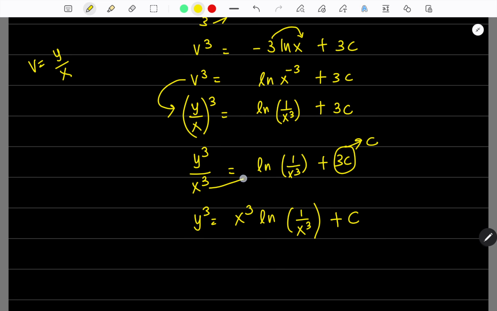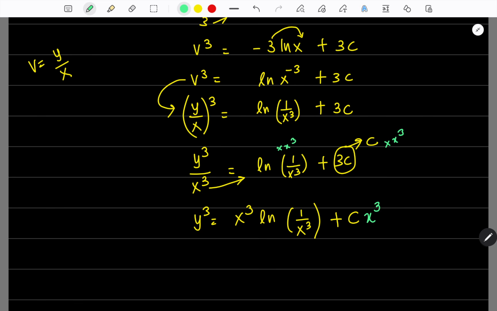Now you cross multiply this x cube. x cube times ln 1 by x cube, and also here you need to multiply here also. So here you are going to multiply x cube and here you are going to multiply x cube, so you write cx cube.